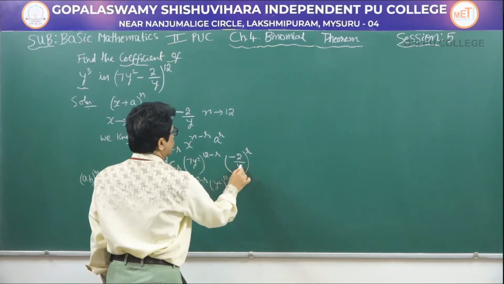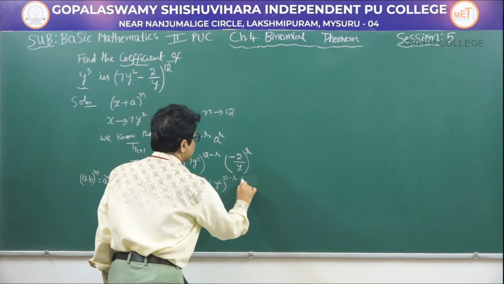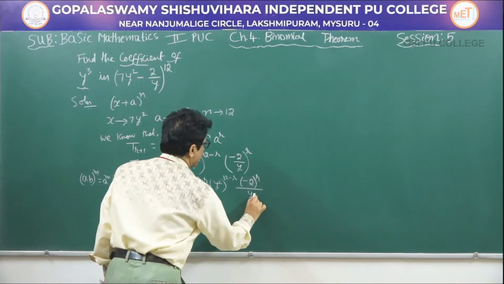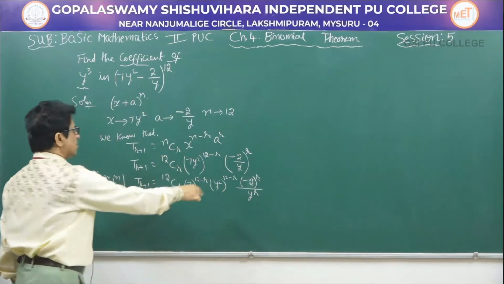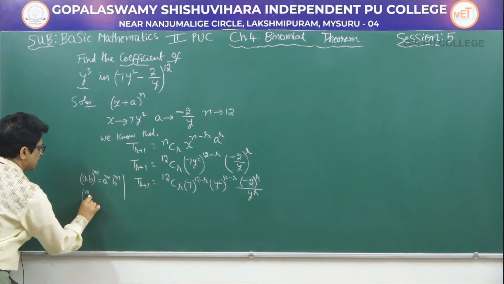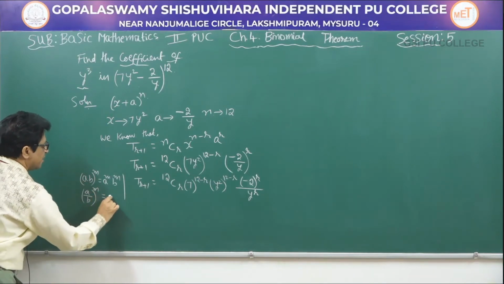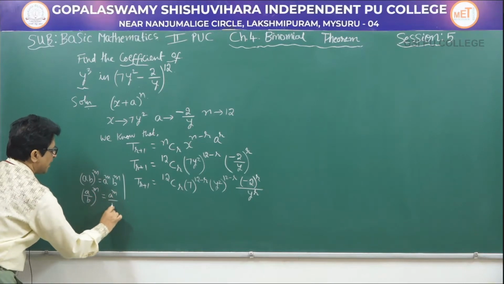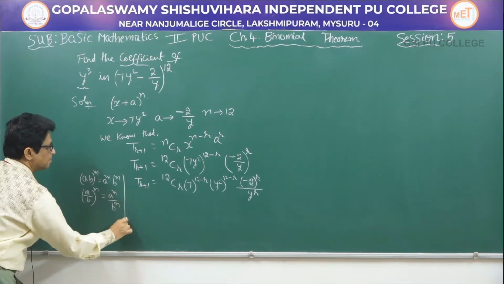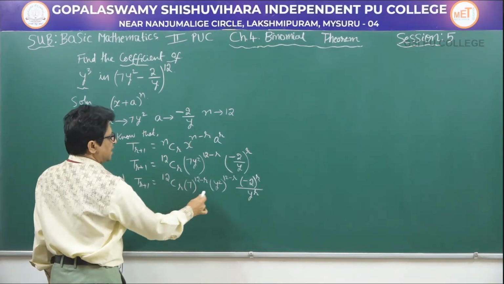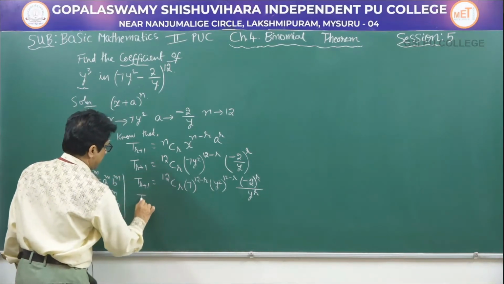Similarly, (minus 2 by y) whole power r can be written as (minus 2) whole power r by y power r. So, this can be written by using the law of exponents, that is (a by b) whole power m is a power m by b power m. Here we group the constant terms and the y terms together.